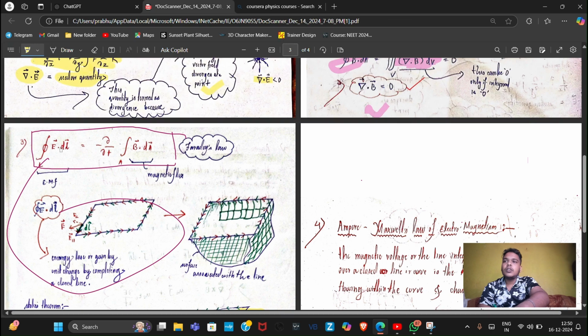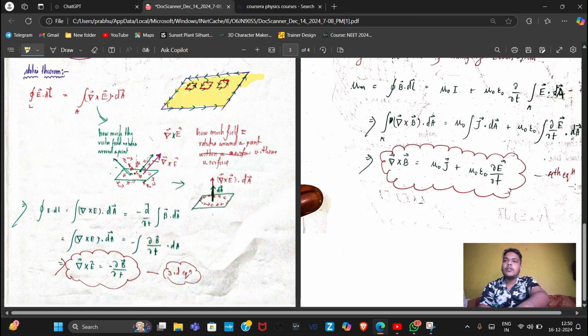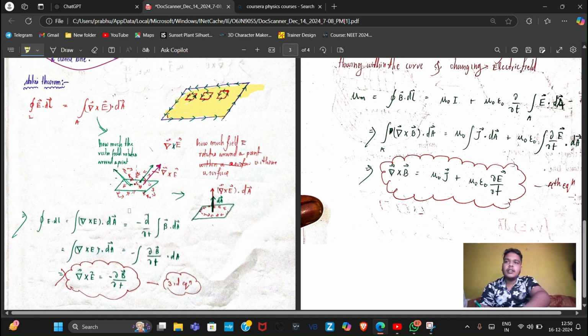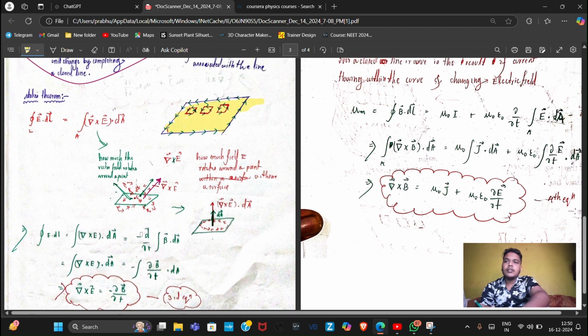By using the Stokes theorem we need to modify this Faraday's law statement. So in place of E dot dl, we are putting this, the curl of E dot dA, and so now you can see both the left hand side and right hand side are converted into a surface integral.